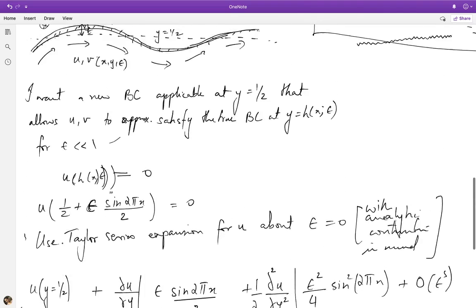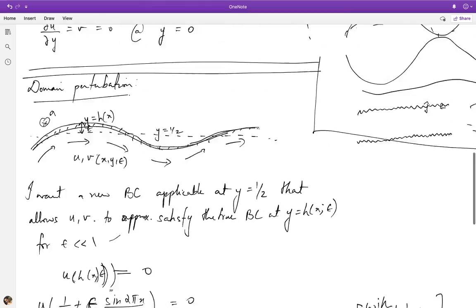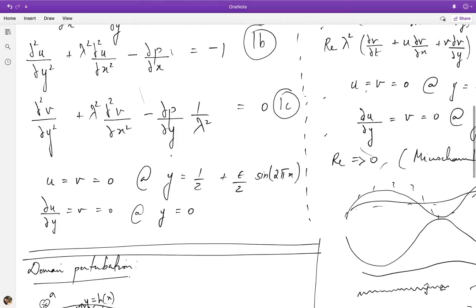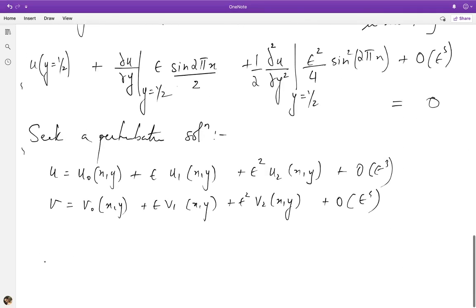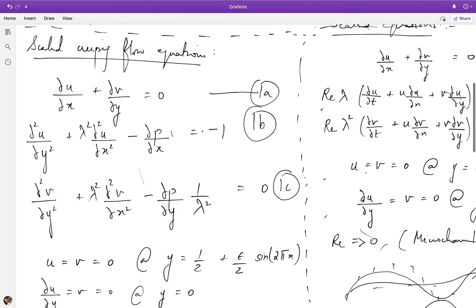And yes, we're not done yet, because of course we have a third unknown, which is the pressure field, right? So since only the gradients of pressure are important in this incompressible problem, I'll directly expand the gradients of pressure. And as I said, since these are deviations about the constant pressure gradient case, and I know that if epsilon is 0, I should get the solution where the pressure gradient is just plus 1 here.